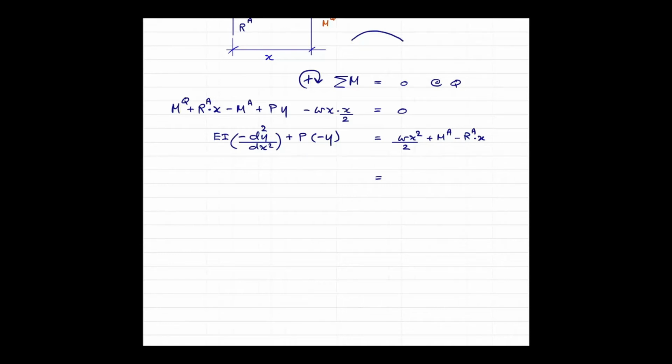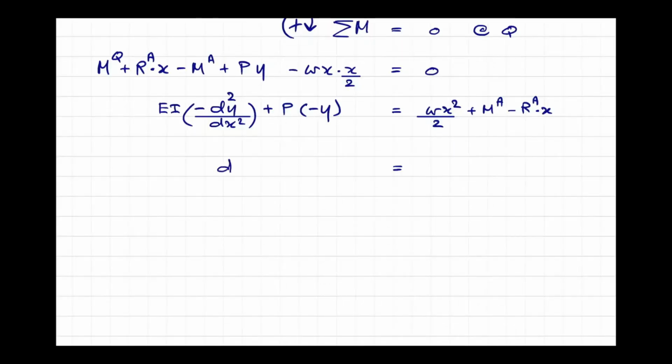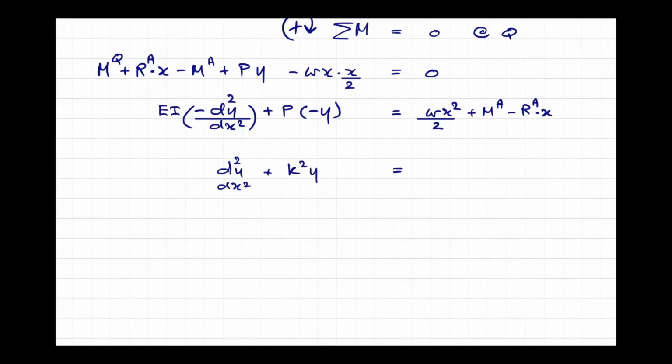I'll reshape these equations. I come up with the second derivative of y(x) plus k square y equals to RAx minus MA minus w effect wx square over 2.